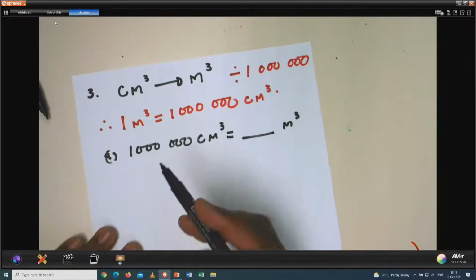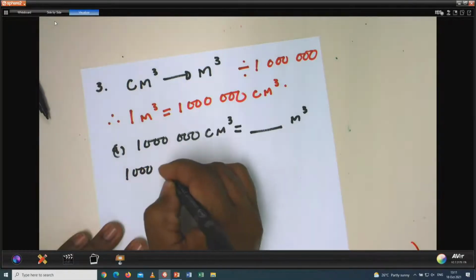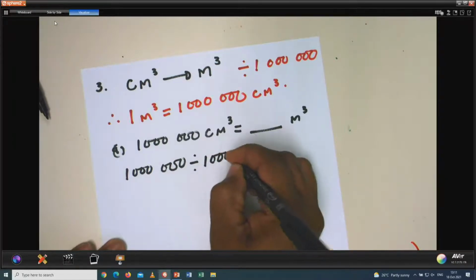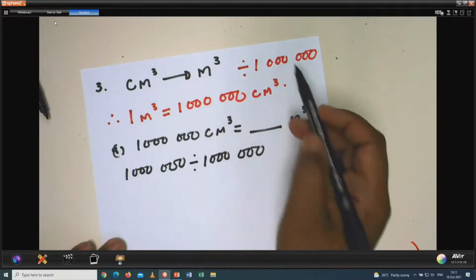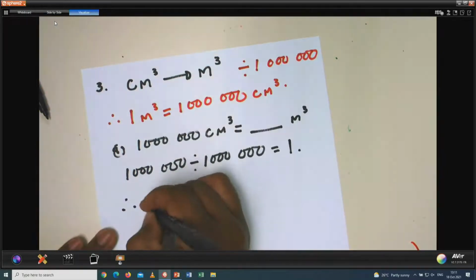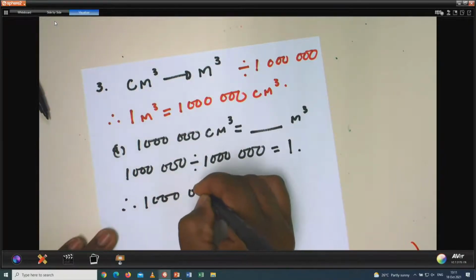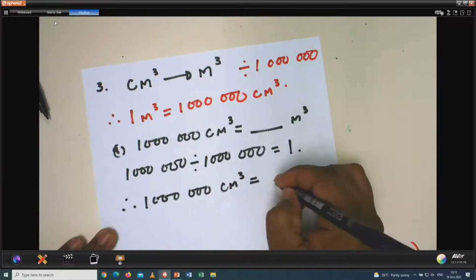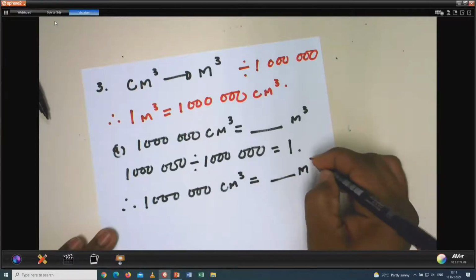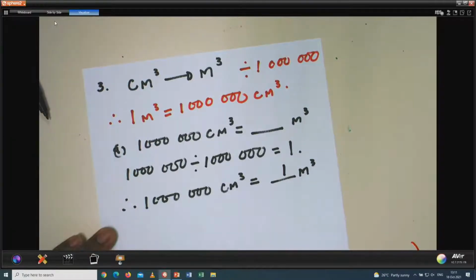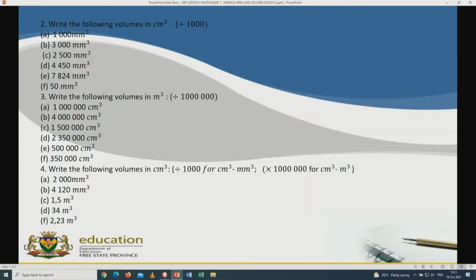Now, we are going to take the 1 million and divide by the 1 million there, and therefore 1 million divided by 1 million, surely it will be 1. Therefore, we can confidently say 1 million cubic centimeters will be equal to 1 cubic meter.